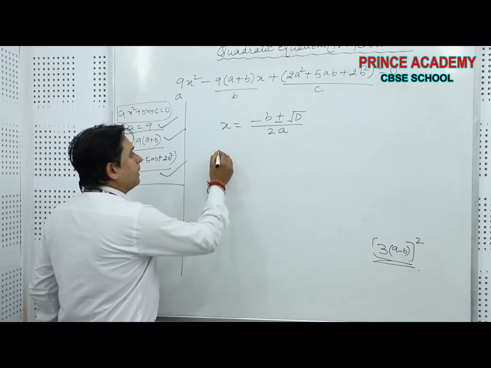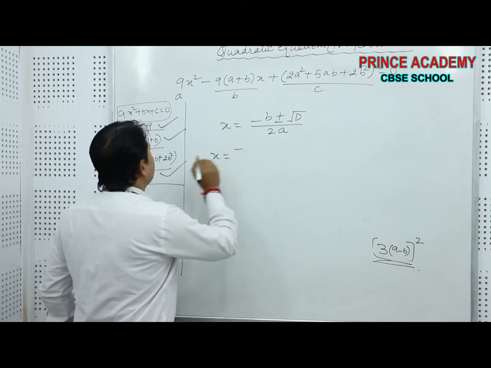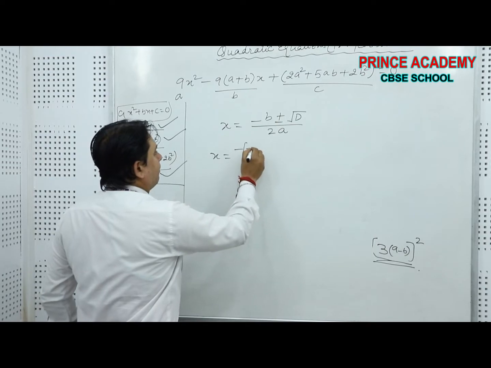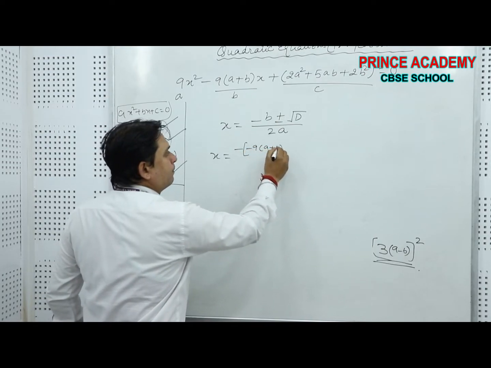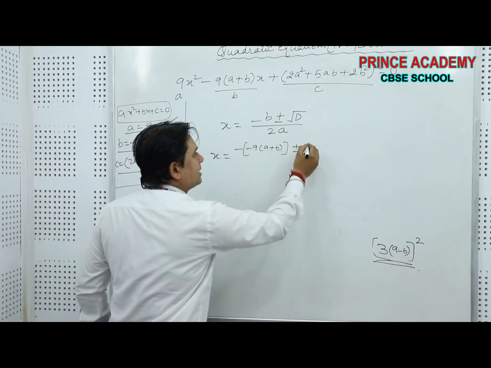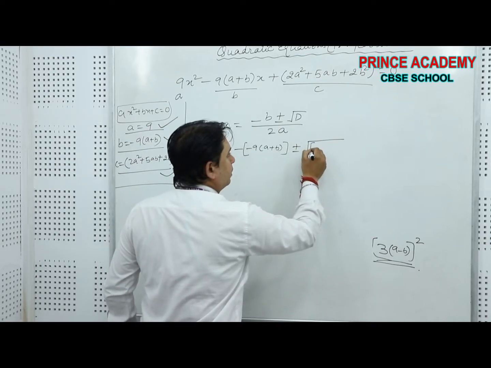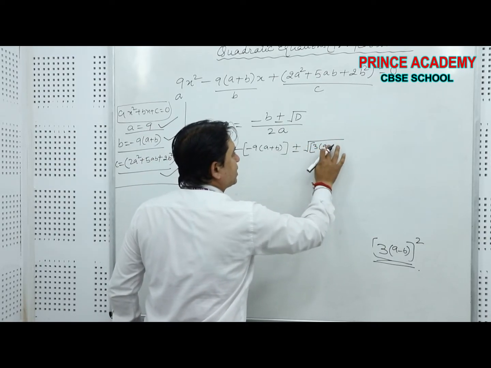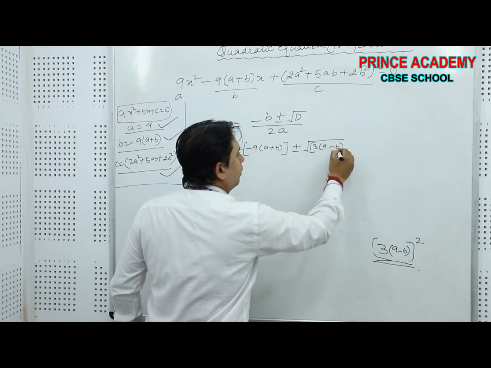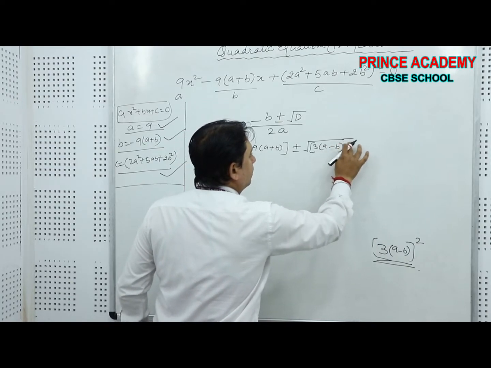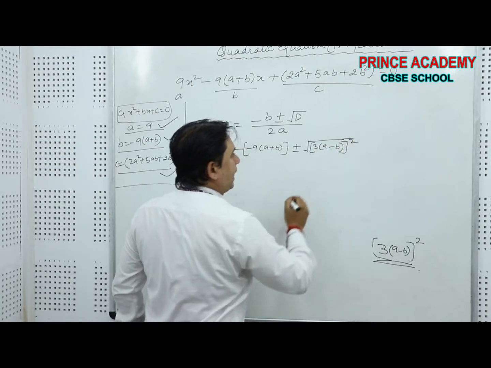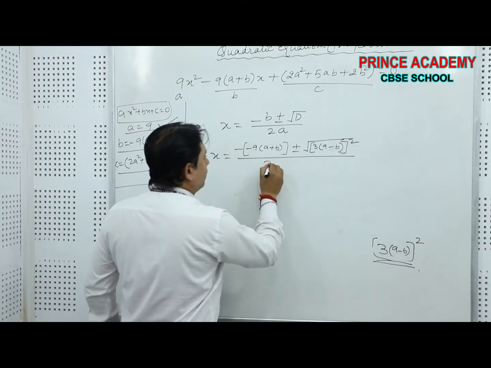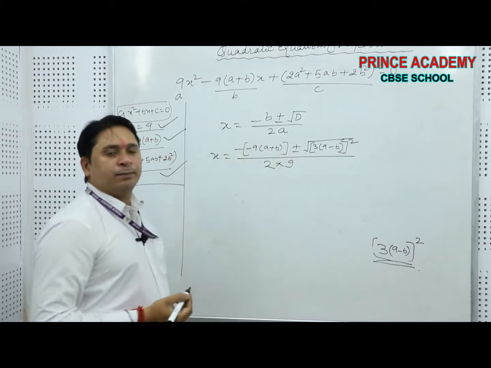Okay, now see, x is equal to minus b plus minus root 3 into a minus b whole square, by 2 into a is 9.